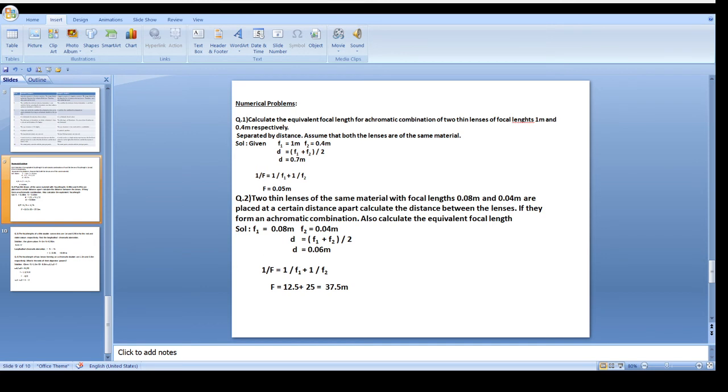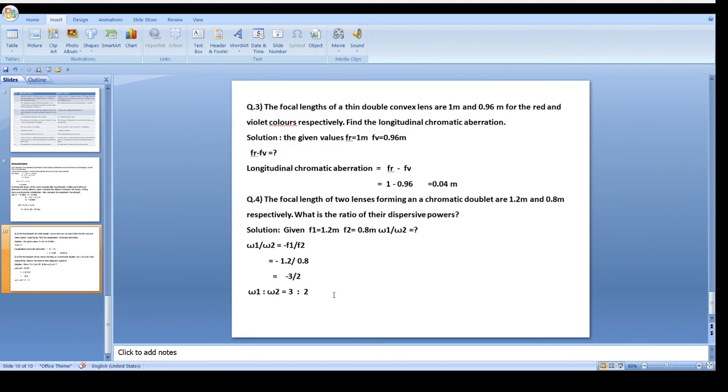The distance d equals 0.06 meter. 1/f = 1/f1 + 1/f2. Putting in the values 1/0.08 and 1/0.04 gives 37.5 meters.